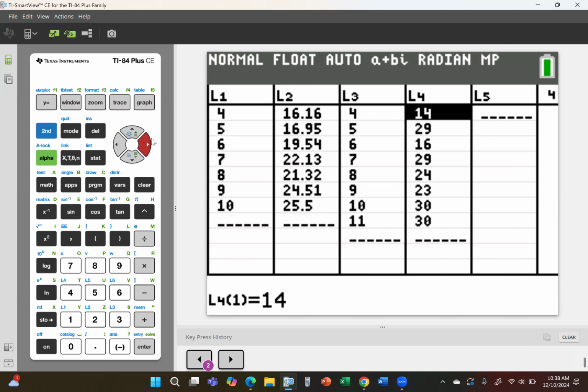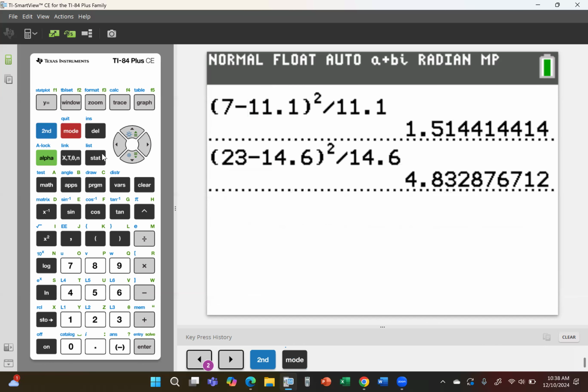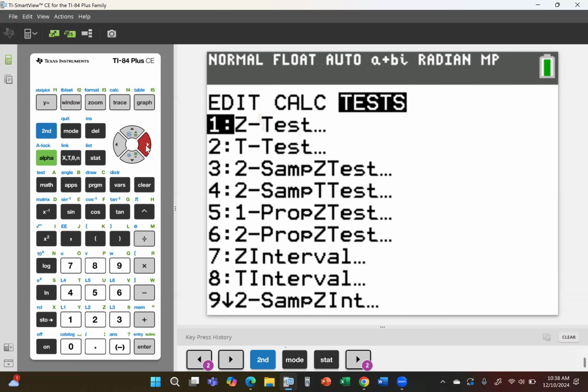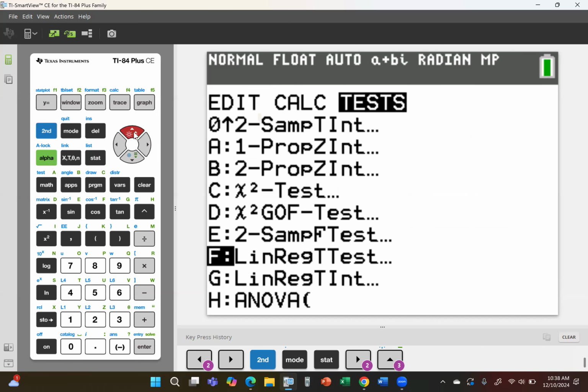All right, so now I'm going to exit out of my lists, so second quit, and I'm going to go into my stat menu. I'm going to go over to my test, and what test am I going to run? I'm going to run a lin reg t-test, a linear regression t-test. And I want to run the linear regression t-test because I am trying to determine if this data fits a linear regression.